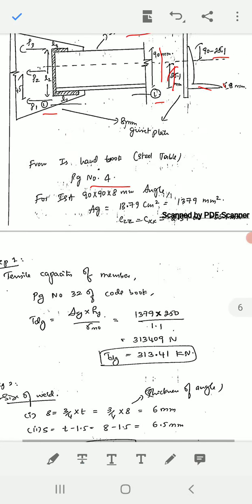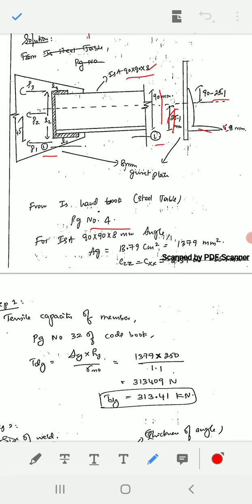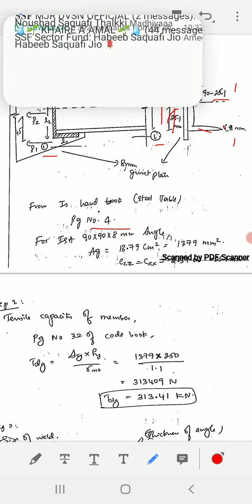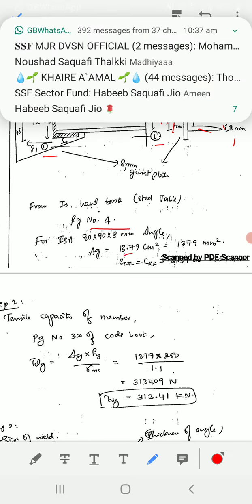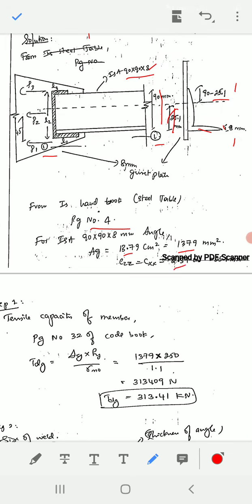See here, that is 25.1, and the rest is 90 minus 25.1. The AG value is 1379 mm square, and CXX is 2.51 centimeter, that is 25.1 mm. We got it.